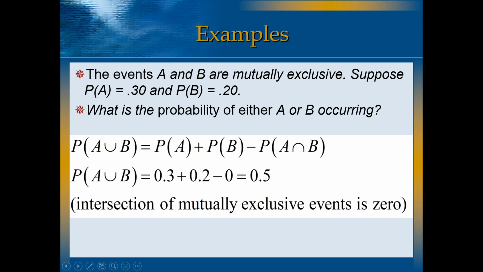But here the two events are mutually exclusive, so the intersection probability is 0, and we simply add the probability of A and the probability of B, so the answer is 0.5. So there is a 50% likelihood that either event A occurs or B occurs.